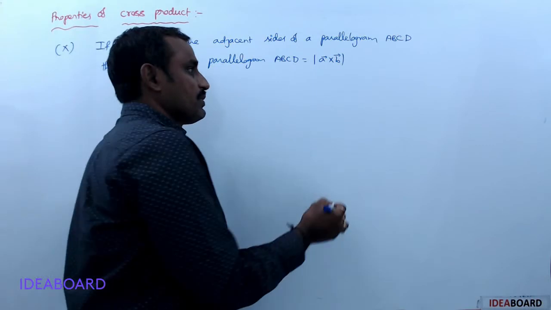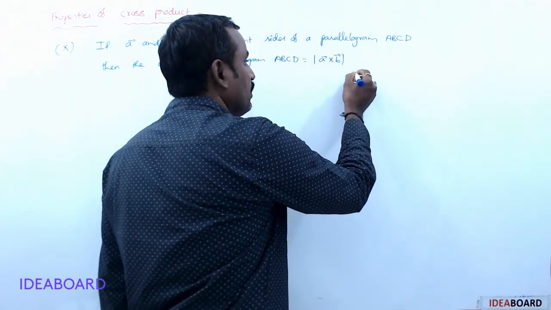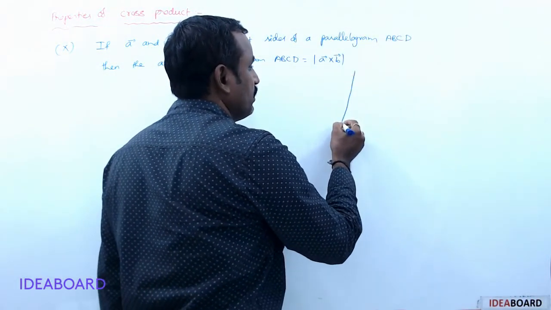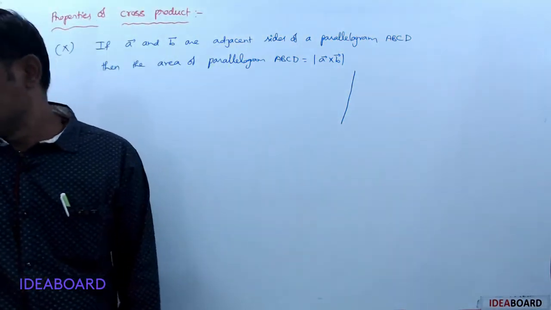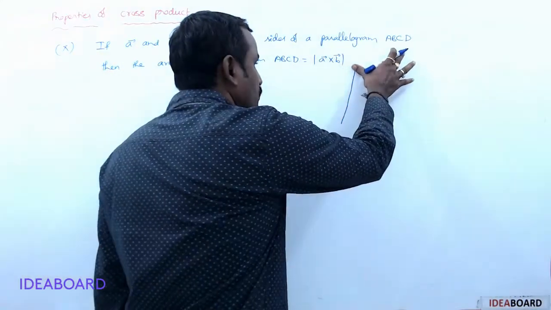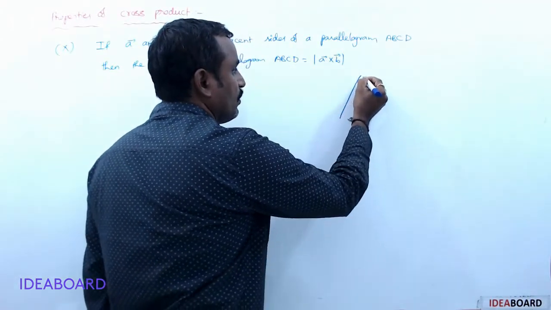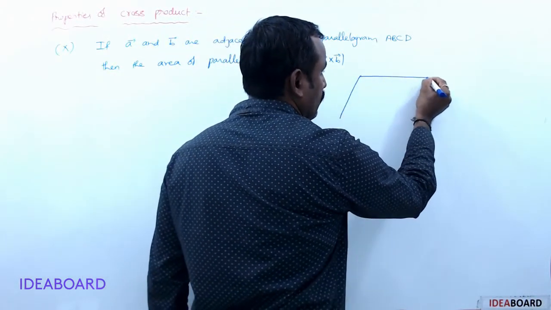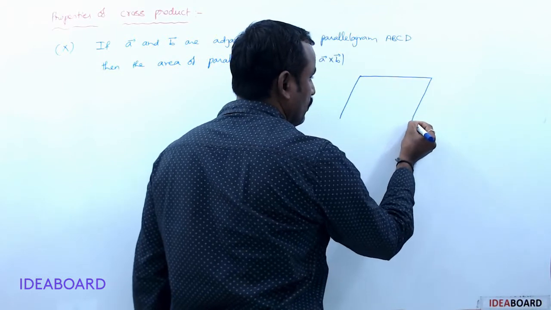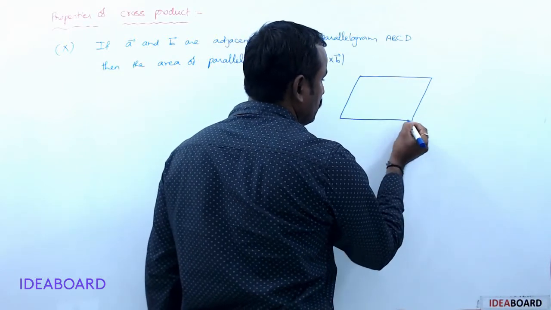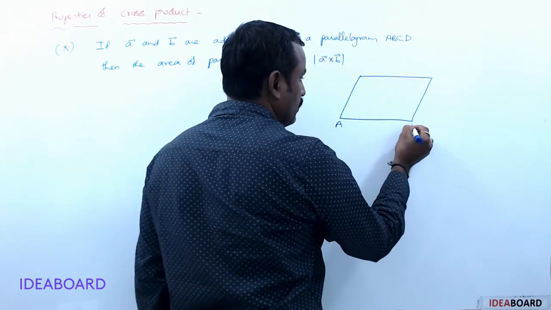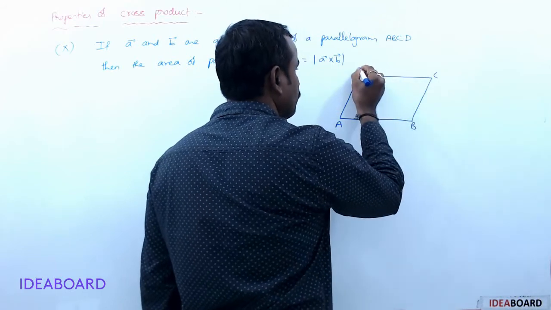How is it possible? We can see now. This is ABCD.